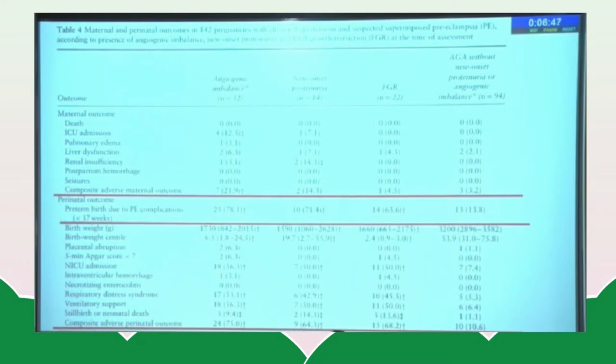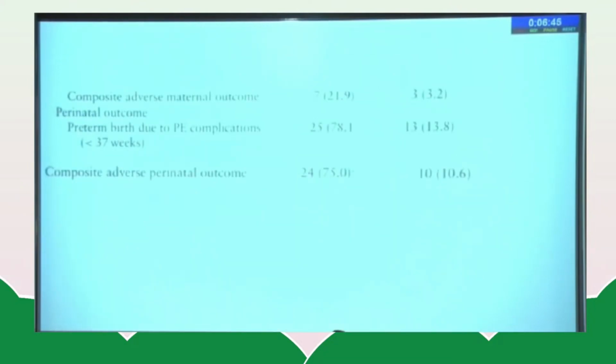That's why I cut out some part of this table and present only the situation when we had a patient with chronic hypertension, I strongly underline, and two columns. One column is patients with angiogenesis disturbance, and the second with normal status of angiogenesis markers. And look at the results.